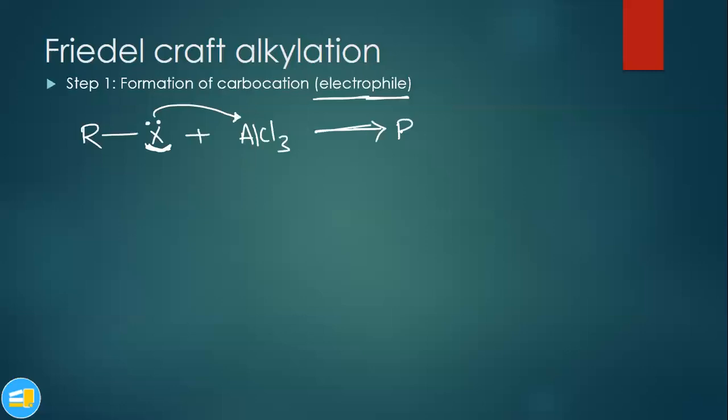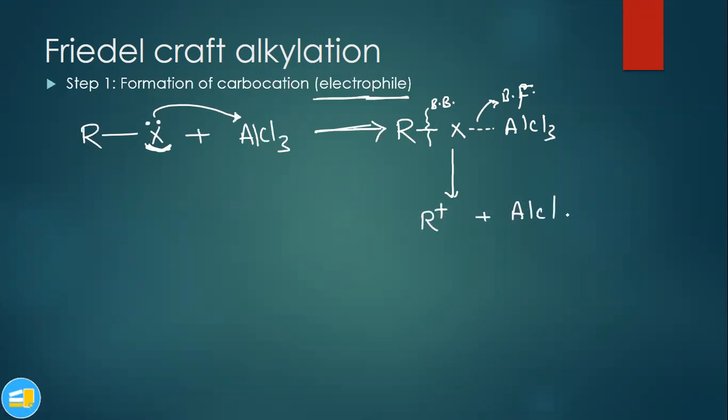So in the first step, a bond is being formed between AlCl3 and X, and as a result, this bond will be broken. So there is bond breaking at this place and bond formation between aluminium and halogen. As a result, we'll get a carbocation R plus and AlCl4 minus as products.